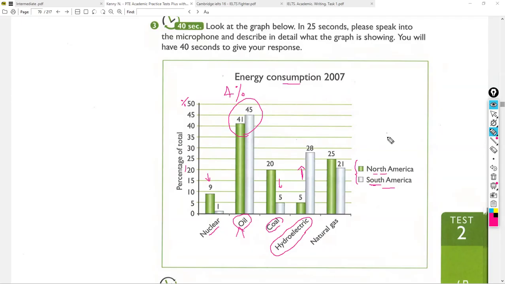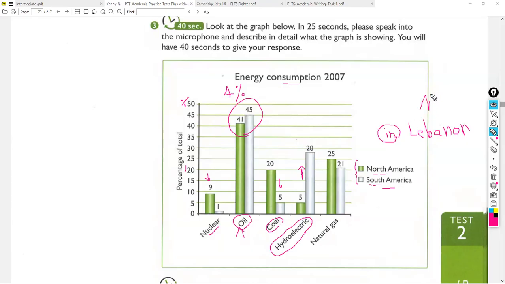Wait, Ali, what is the preposition that I have to use with the places? For example, is it in Lebanon or on Lebanon? It is in Lebanon. With the places, I have to say in. In America, in Australia, in Lebanon. So with countries, I have to use the preposition in.